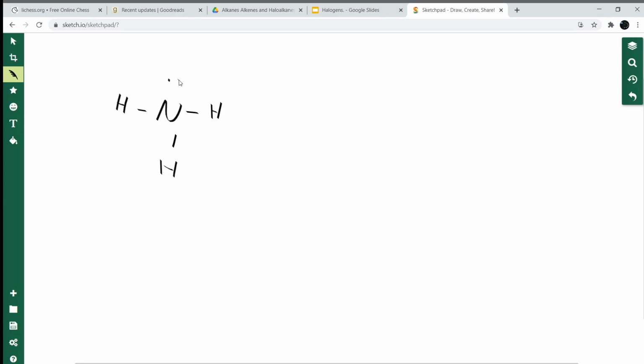And what we notice with the ammonia is that it has these 2 electrons here. So we would just go ahead and automatically state, hey, the unpaired electrons in ammonia are the reason that it acts as a nucleophile.